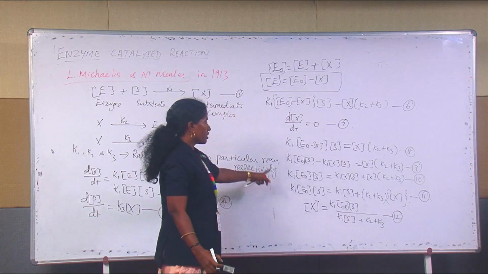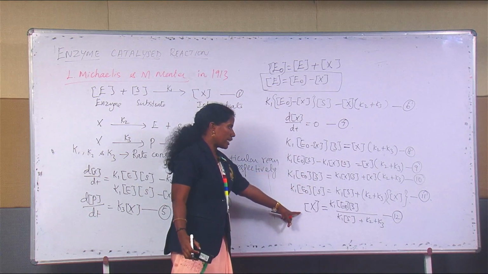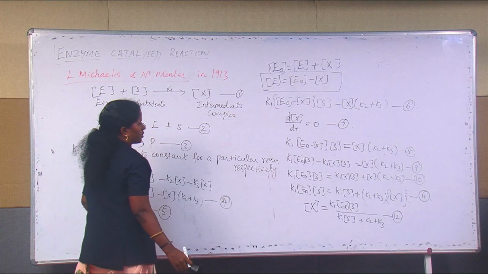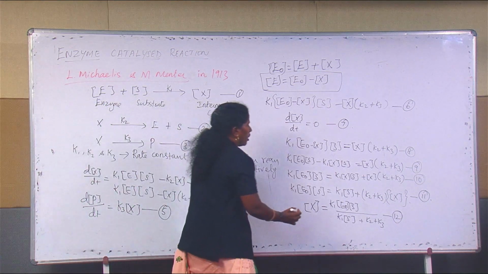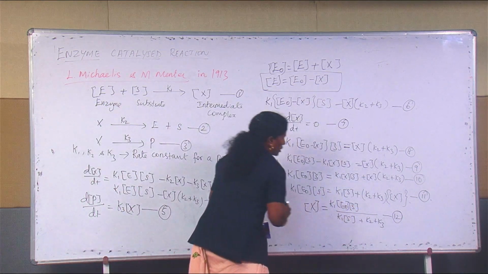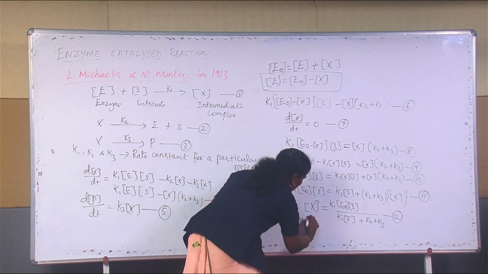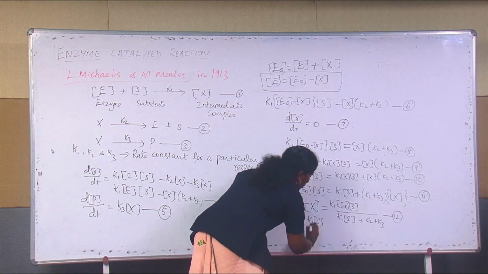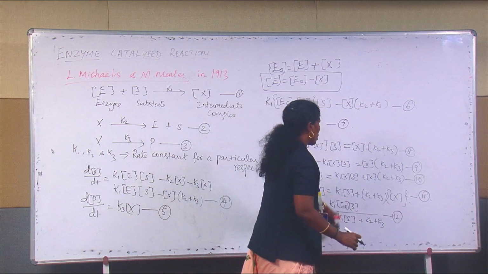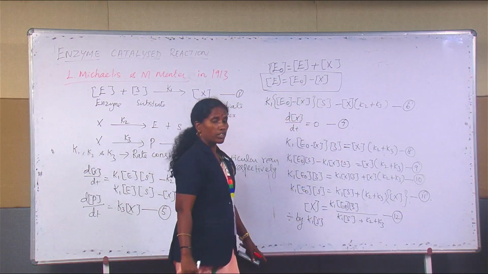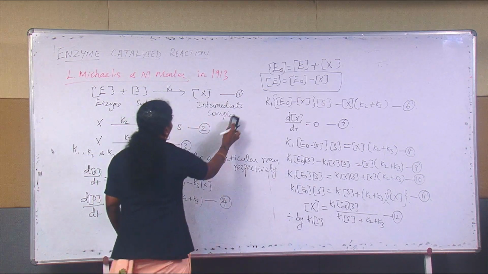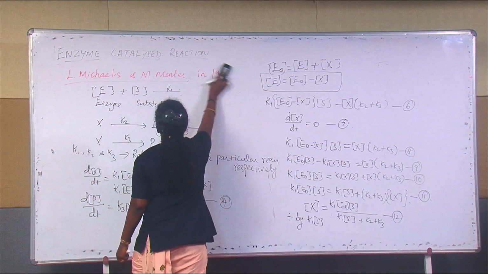From this equation we get the X value. Dividing both the numerator and denominator by K1 S, we get equation number 13.